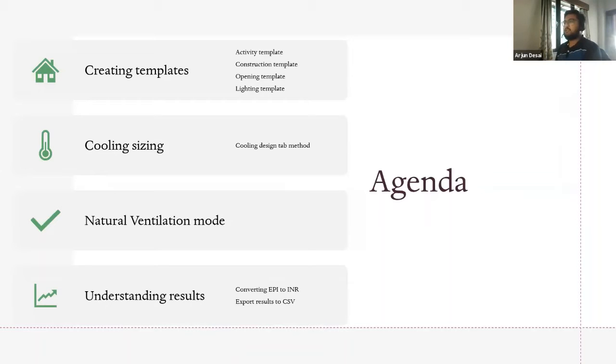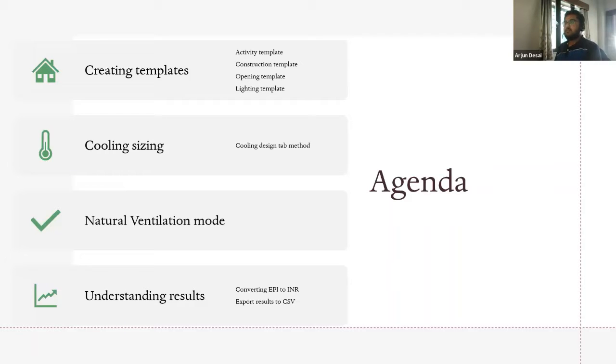So how to right size the system, how to operate in a natural ventilation mode, and understanding the results. Whatever results you are getting from DesignBuilder, how to interpret those results and how to convert your EPI numbers into relevant INR and other post-processing methods of the results that you are getting from DesignBuilder.